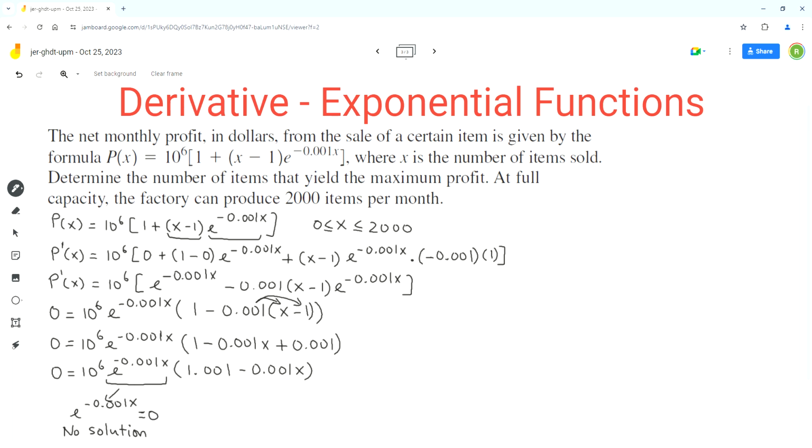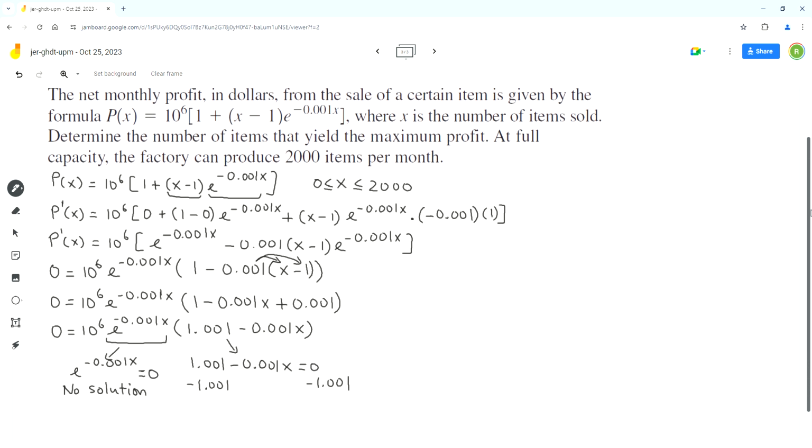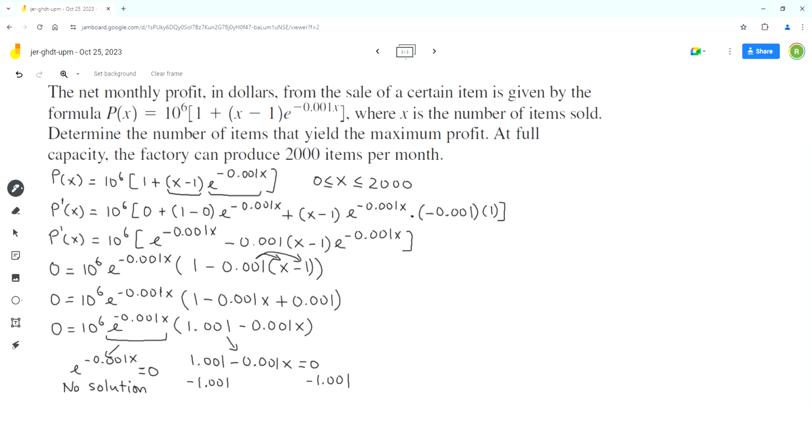Now we can analyze the second case. Now we can isolate x by subtracting 1.001 from both sides. So 1.001 on the left side gets cancelled out.